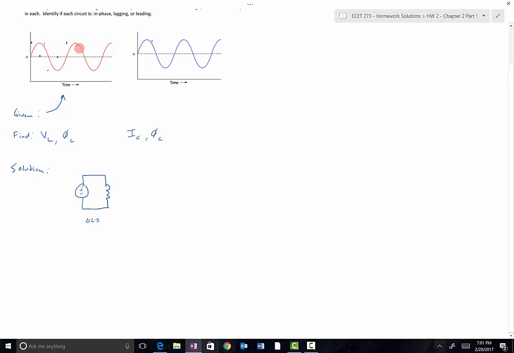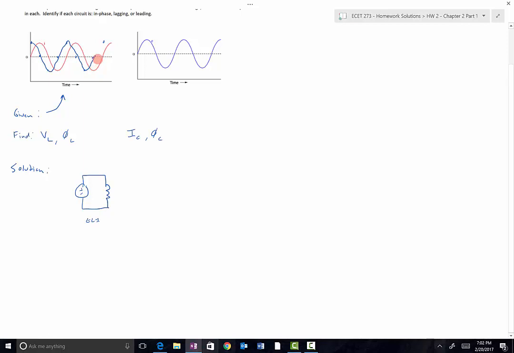We get a 0 in the voltage whenever the current has a peak, either positive or negative, and then whenever there's a current crossing at 0, we either get a negative peak or positive peak in the voltage. So our voltage waveform is going to look like that.